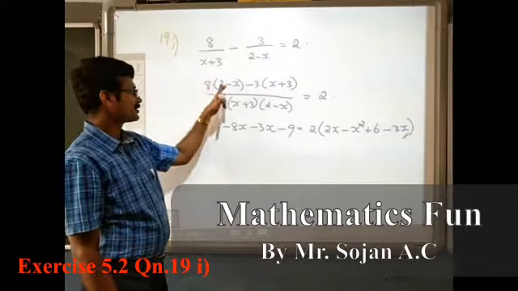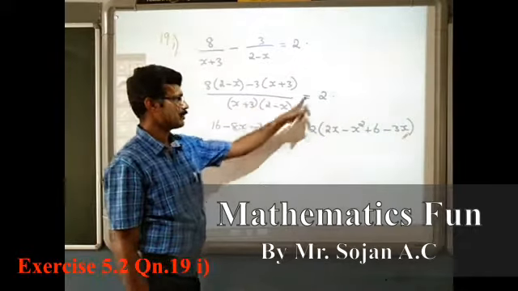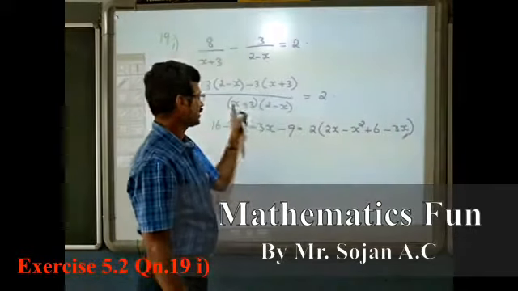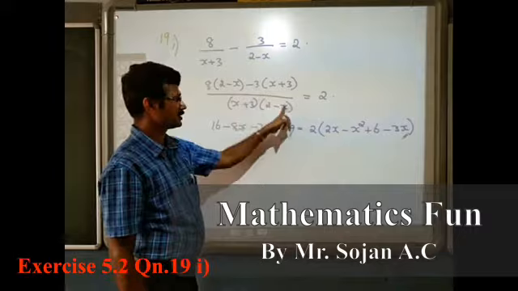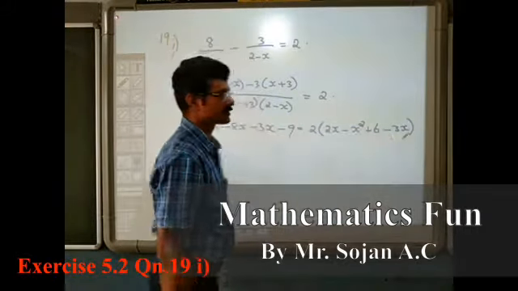So I multiplied 8 into 2 minus x to get 16 minus 8x, minus 3x minus 9, equal to 2; and on this side, x times 2 is 2x, x times minus x is minus x square, 3 into 2 is 6, and 3 into minus x is minus 3x.